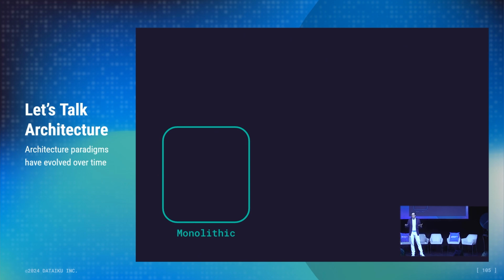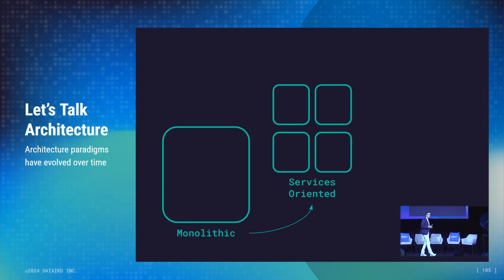But that became unwieldy as we built more and more applications, so we broke it up into a services-oriented architecture, SOAs. This, obviously, for many of us in the room, was the predominant architecture paradigm, at least when we were coming up into enterprise application development. These are web services. There was a lot of XML running around at that time.